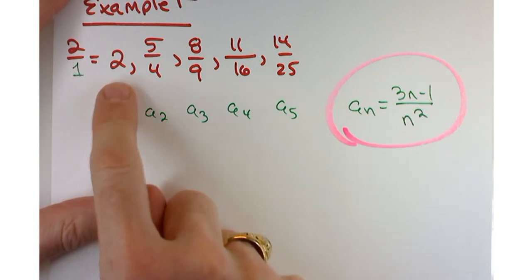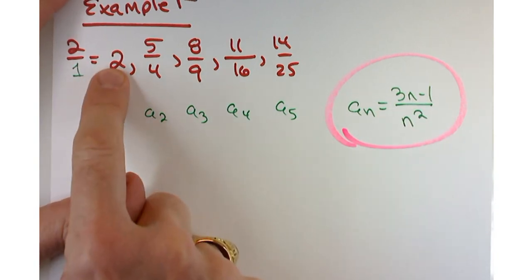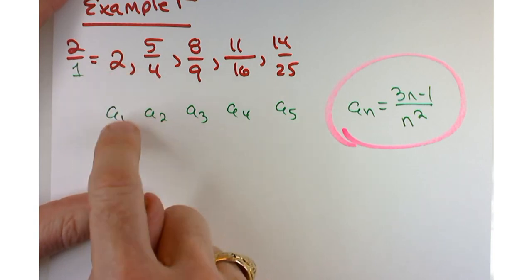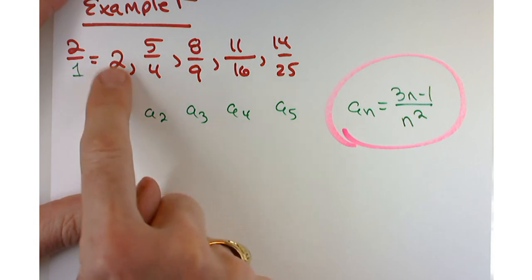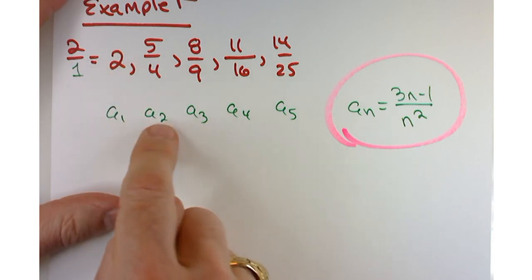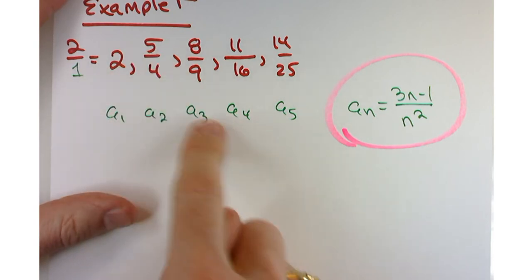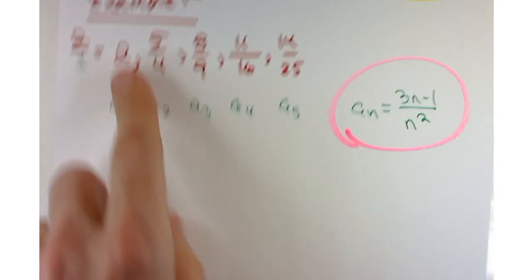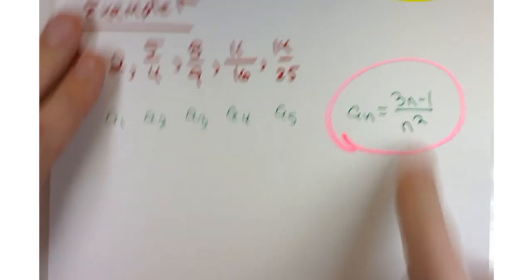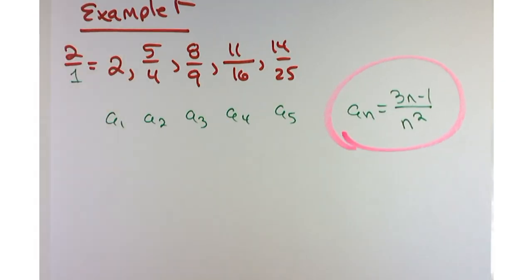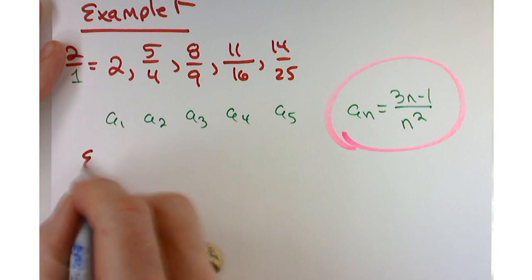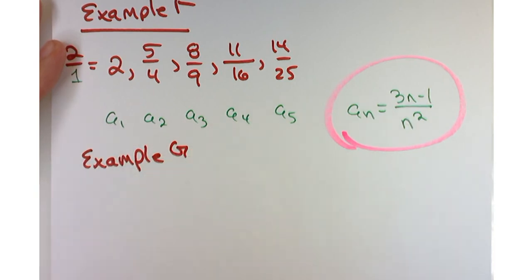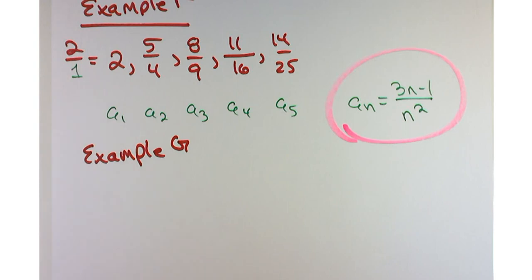The hint that I gave out was that this is 1 less than 3 times the number. 3 times 1 minus 1 is 2. 3 times 2 minus 1 is 5, etc. This is an arithmetic sequence in the numerator part, and we'll be able to discern that pretty easily after the next section. So I wouldn't stress about it too much just yet. They will get a little bit easier to see there.